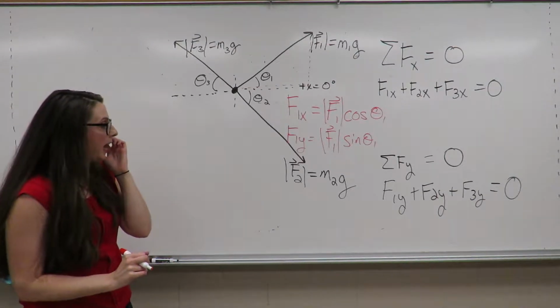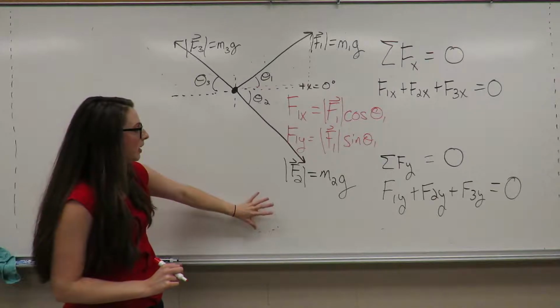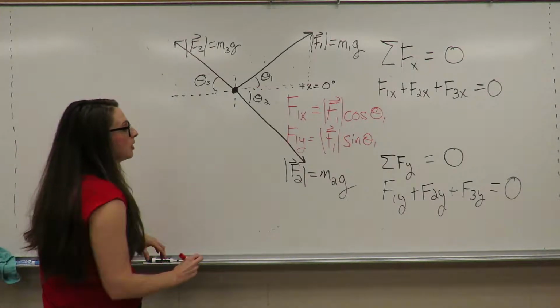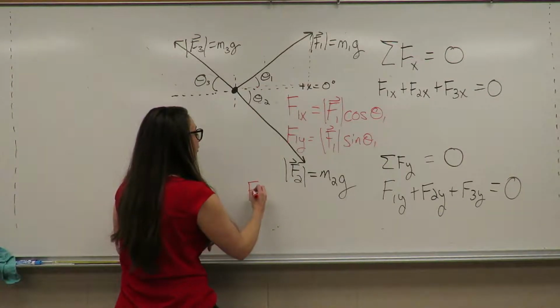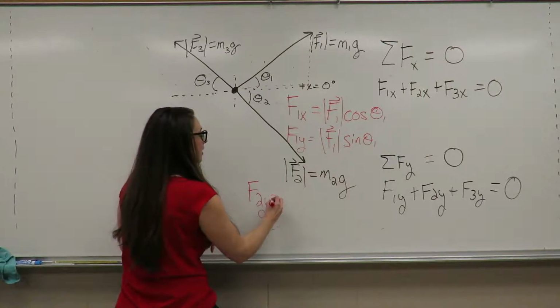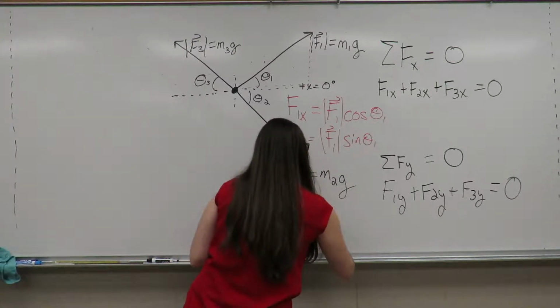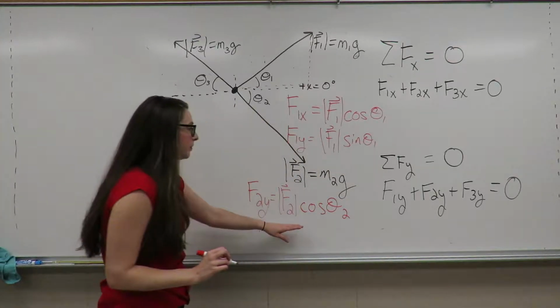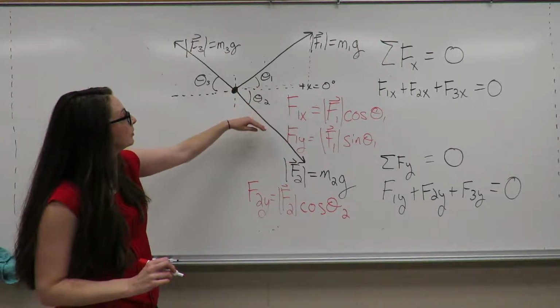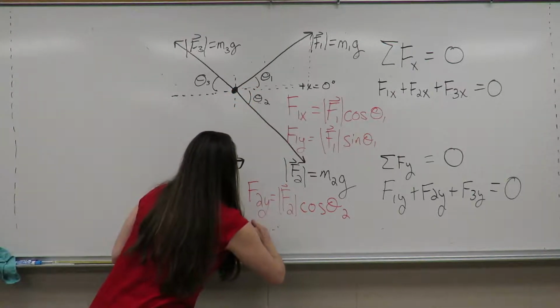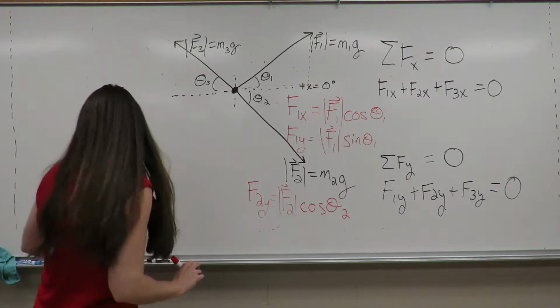So we do the same thing for F2. I'll write it just below here. It will look very similar. F2y is equal to the magnitude of F2 times cosine theta 2. Oh sorry, I messed that up.